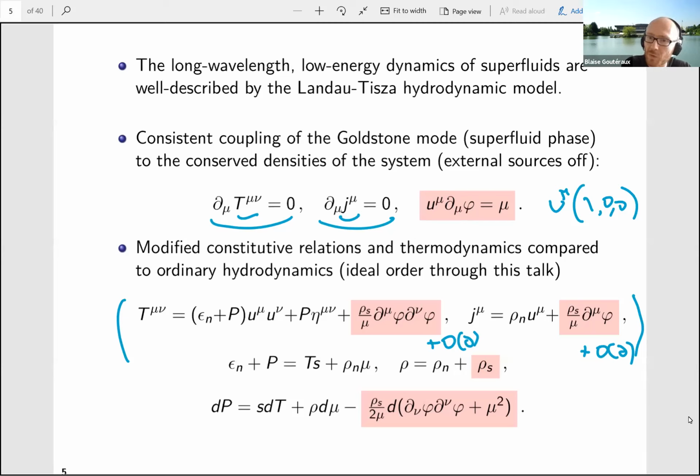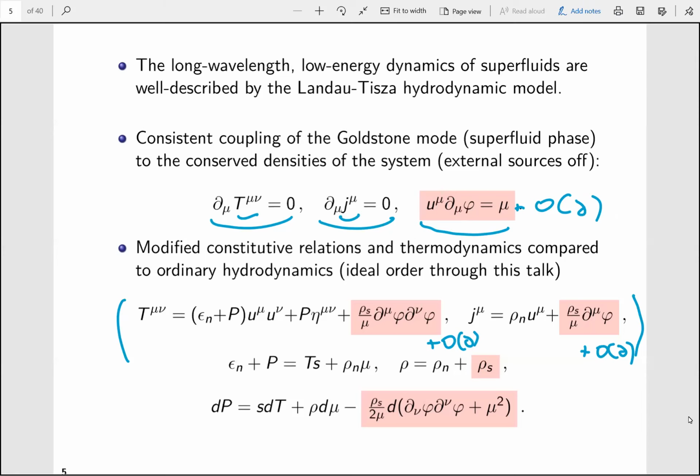But then you would also write here plus all the gradient terms. At this point, this equation is purely non-dissipative. There's no dissipation here. The dissipation would come in through these extra gradient terms that you normally should write if you want to include dissipation in the system.